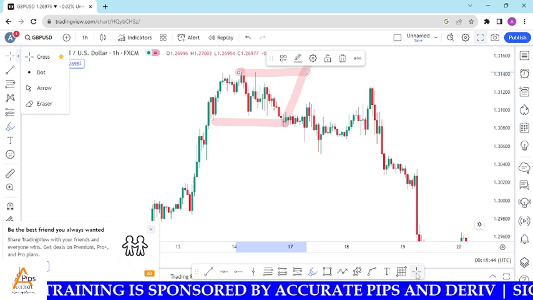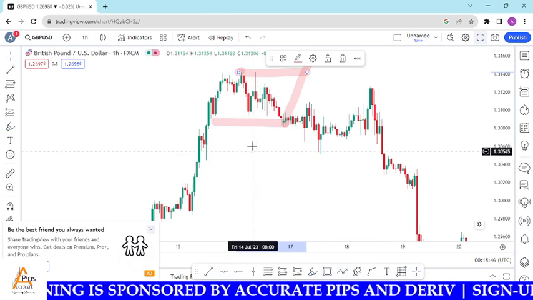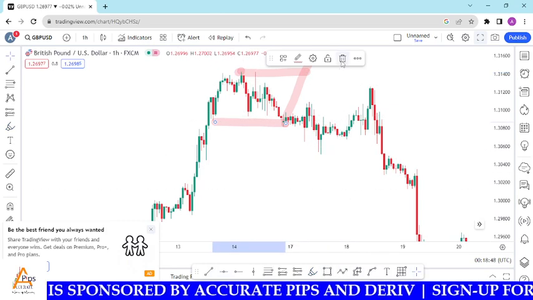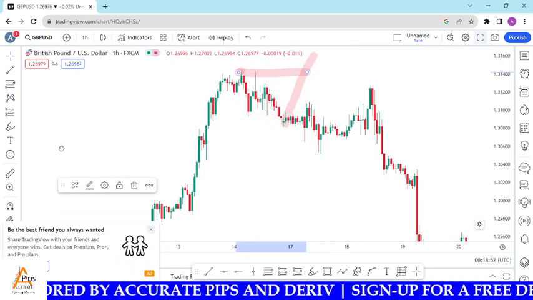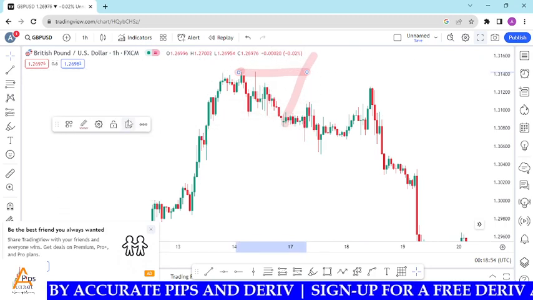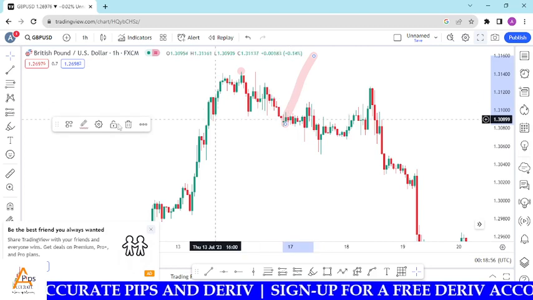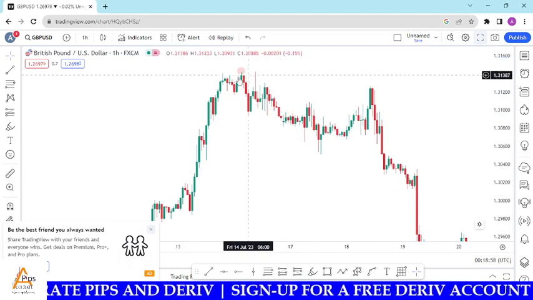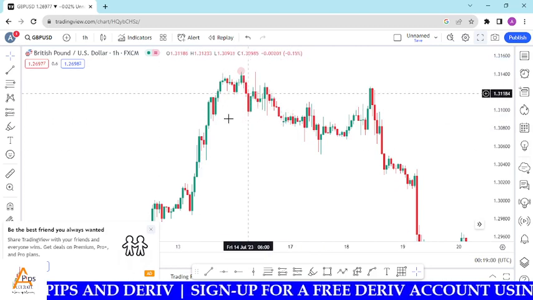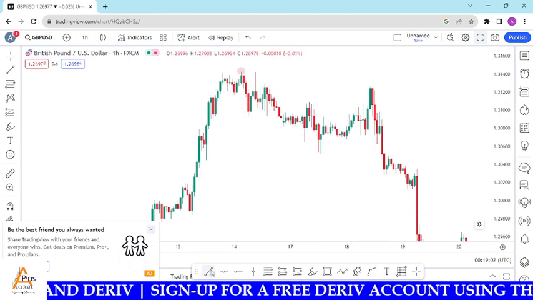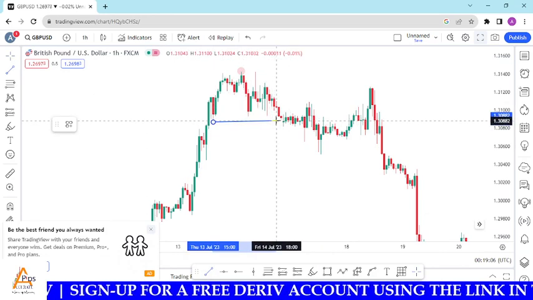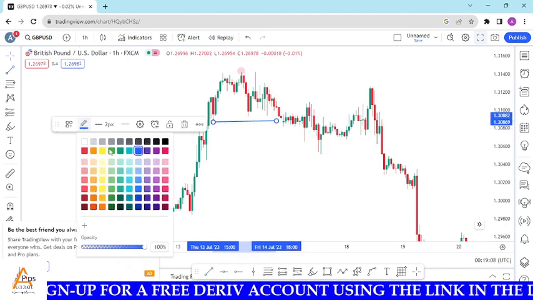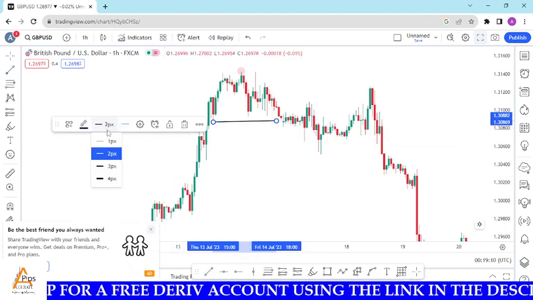Okay, based on our structural marking concept, let me delete these guys. Let me move this thing here. Delete this and that. Okay, so this is our high that we've confirmed because of the IDM, the inducement level here. Let me change this to black.